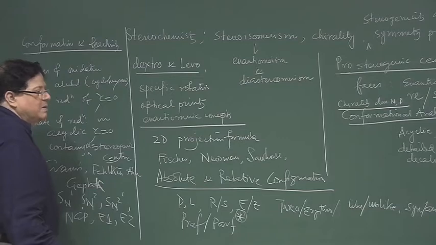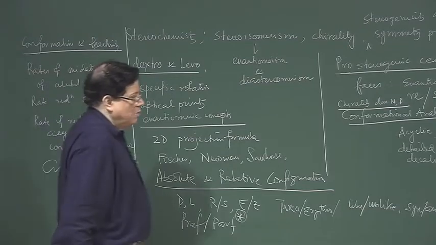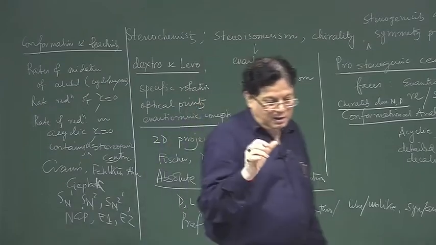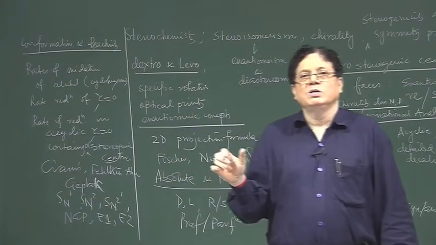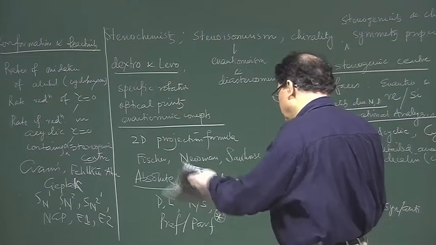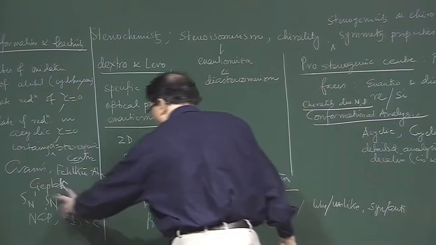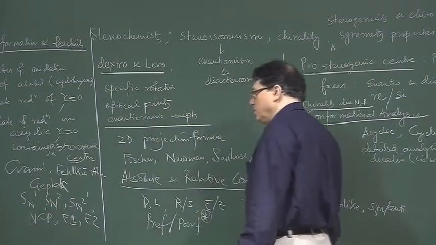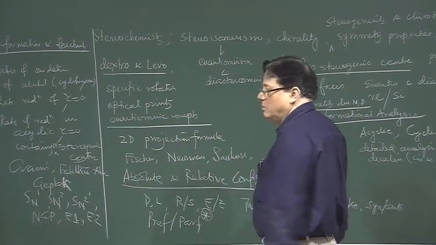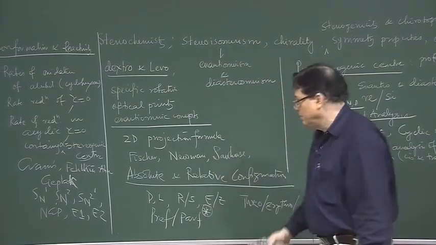E1 we did not discuss much, but because stereochemistry is involved in E2, we went for E2 and worked out what is the situation in case of cyclohexane. Okay. And all these are with respect to inversion of configuration or retention of configuration. That means, the stereochemistry of these reactions was discussed in detail.